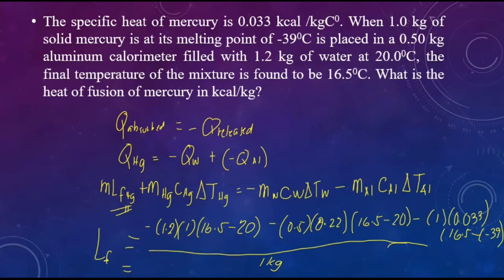Our answer is equal to 2.8 kilocalorie per kilogram. If we are going to analyze the cancellation of units, we'll have it on the next slide, just to show the cancellation of units.